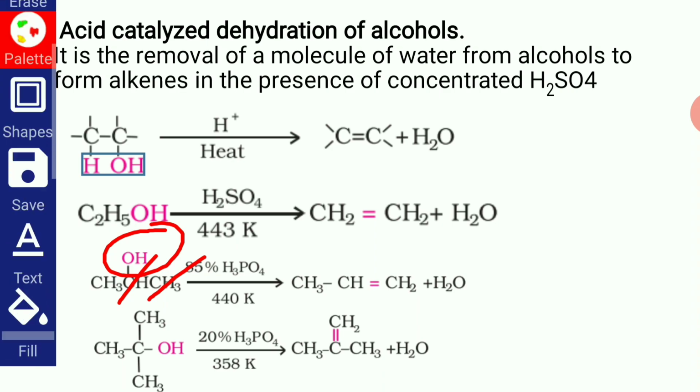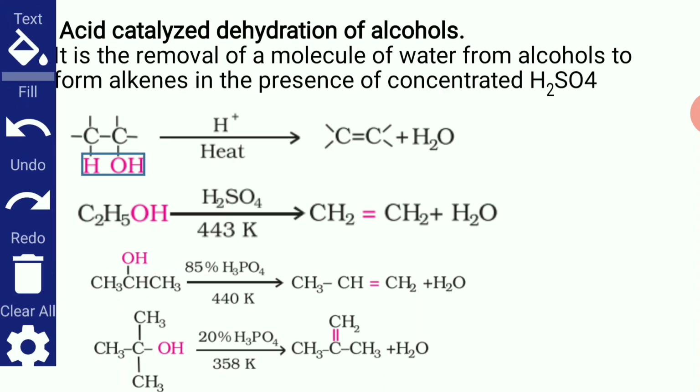I repeat, the hydroxyl group will combine with the hydrogen of the neighboring carbon. So it will form a water molecule, the neighboring hydrogen count will reduce from 3 to 2 and the bond will increase from single to double, that is the formation of alkene.